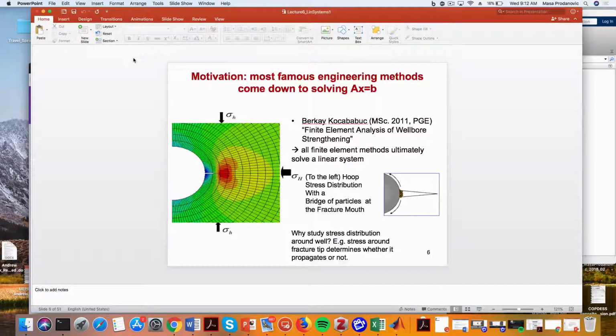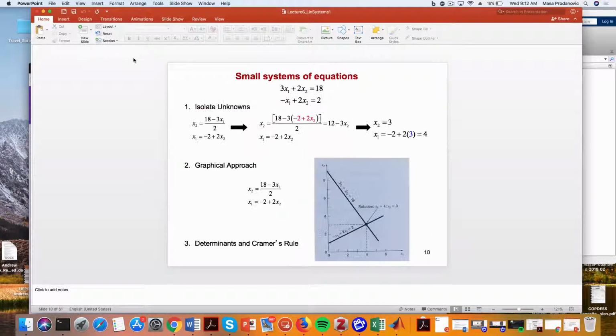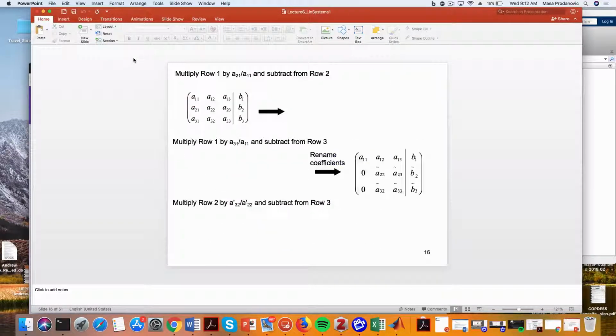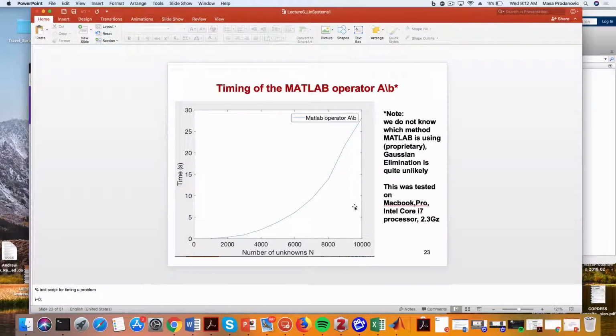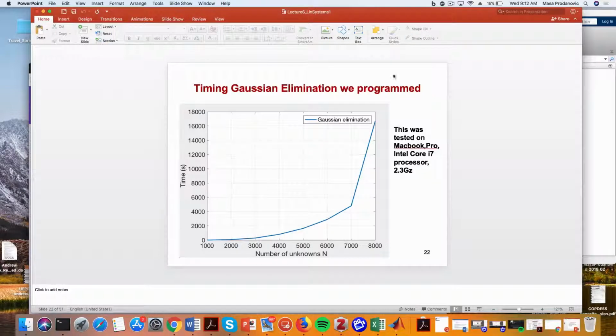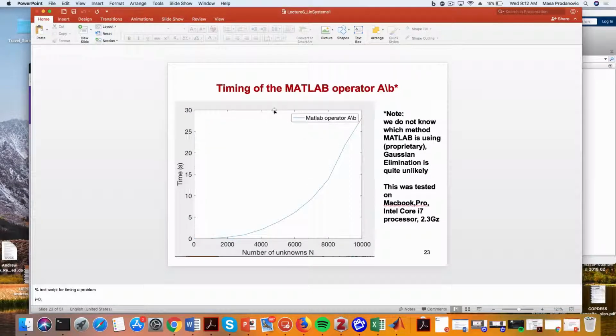So this was the timing on my computer. It was similar to what you got. This was the timing for the operator a\b, and this is the Gaussian elimination that we programmed. This is going to be the case many times.